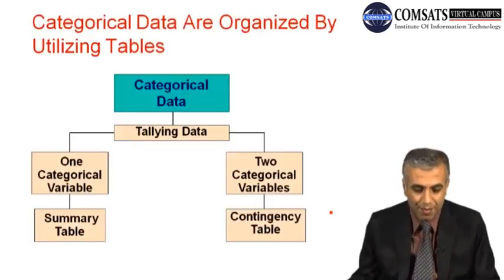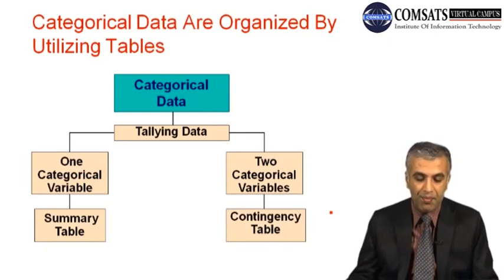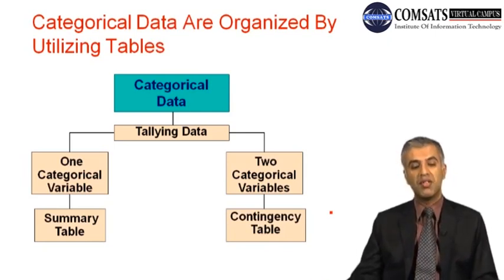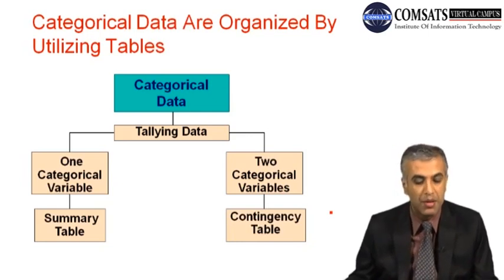So we had a discussion on what's the type and how different types of variables can be organized and presented, and we had a discussion on dealing with the categorical data, how we are to represent one categorical variable, and in this case that basically summary table is one of the primary tools to be used for display of categorical variable.